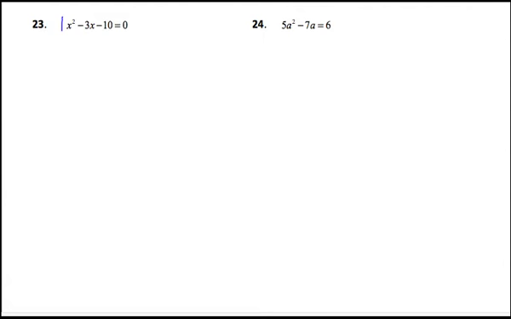That one's a little bit simpler problem to be factored because I'm looking for two numbers whose product is the negative 10, and I want those two numbers to add to be a negative 3. So I believe I'm talking about a negative 5 and a positive 2. Their product is a negative 10, and they add to be a negative 3.